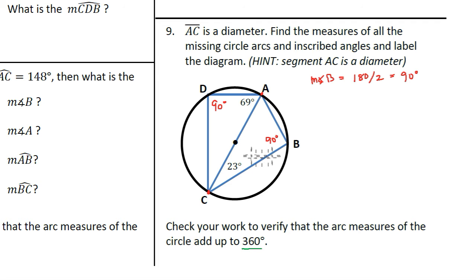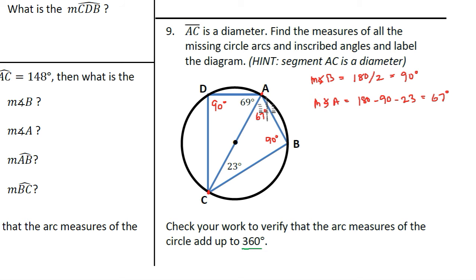So if this is 90 degrees and this is 23 degrees, then we can find the measure of angle A. It is going to be 180 minus 90 minus 23, and that's going to be 67 degrees. So there is my angle. Some of you assumed that these two triangles are reflections of each other, and that's a big mistake.